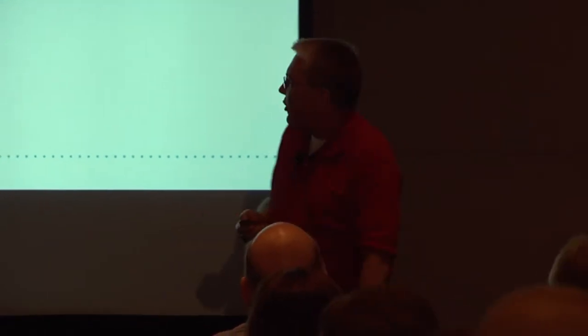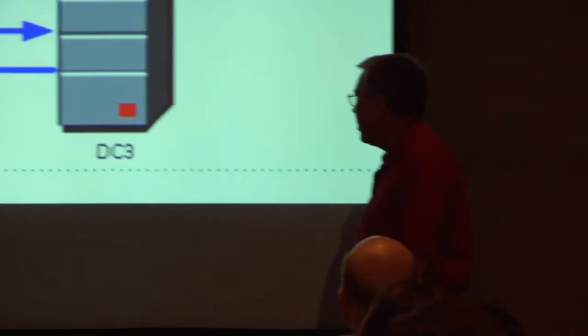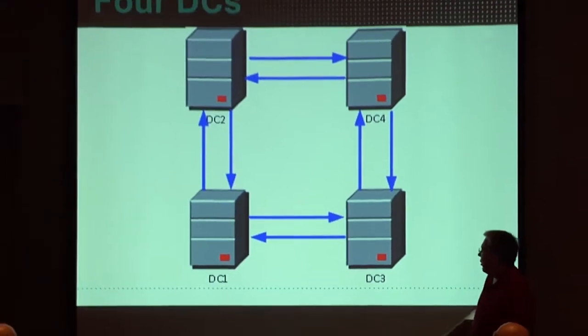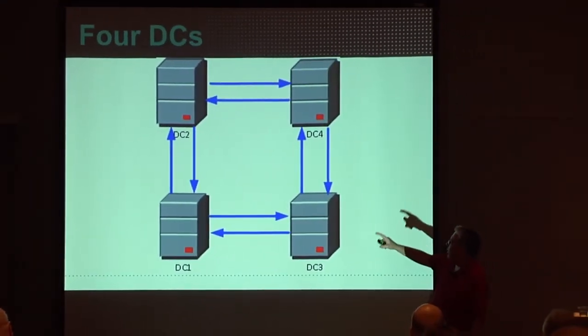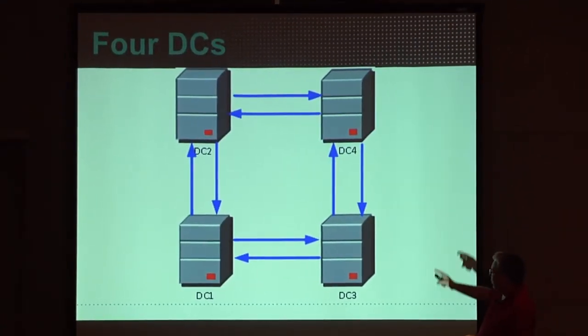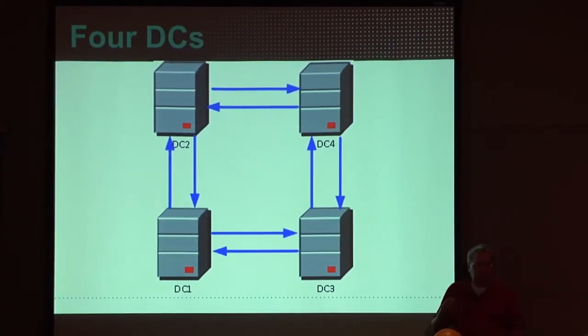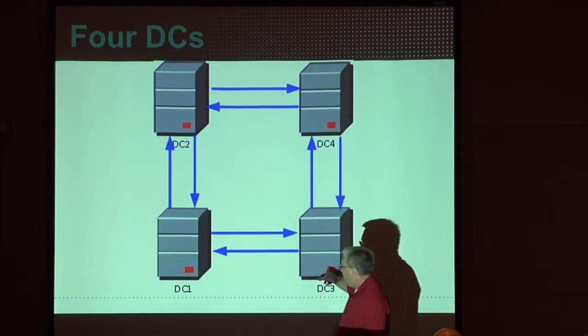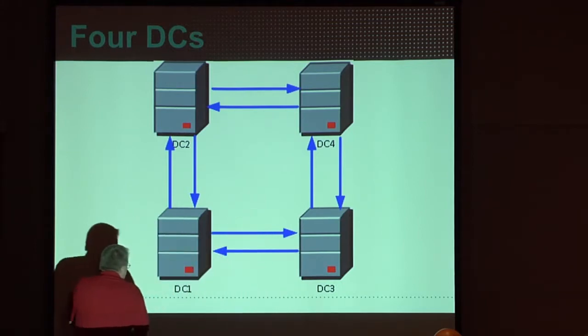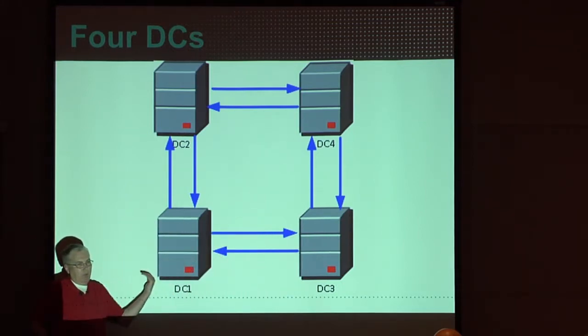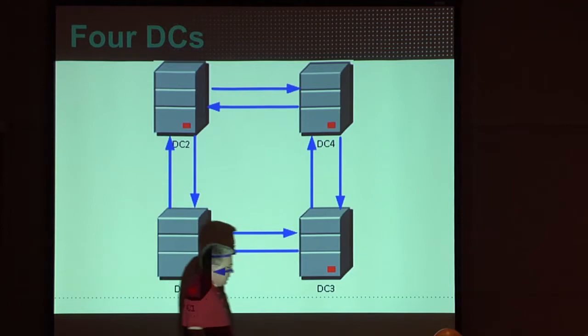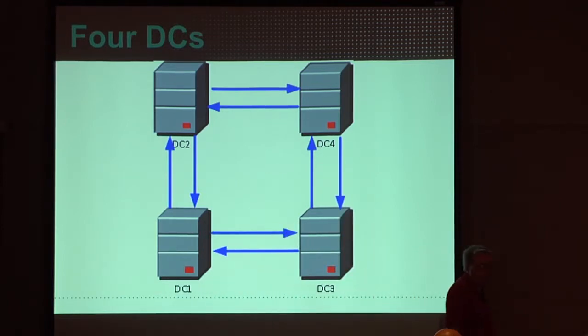So then when I got to 4 domain controllers, I noticed that 1 went to 2, 2 to 4, 4 to 3, 3 to 1. Now, replication topology is pull. Replication is never push. So if I'm looking at here, I'm showing that DC1 is pulling from DC3, and DC3 is going to pull from DC1.